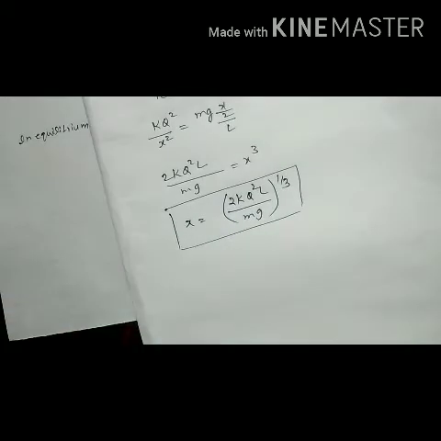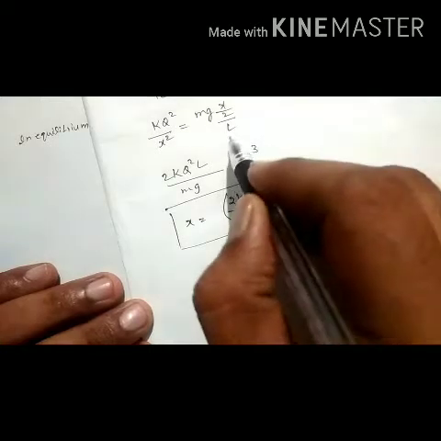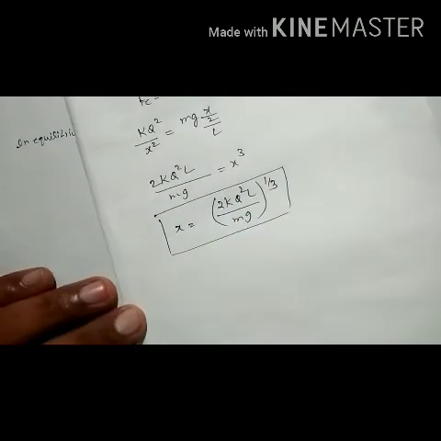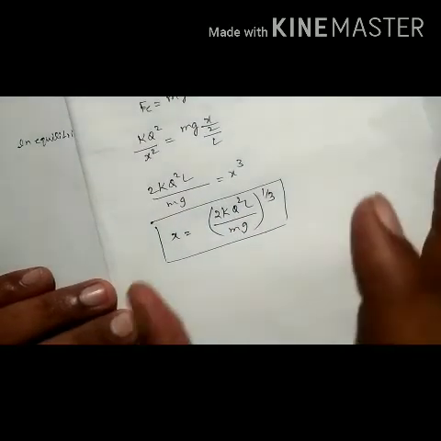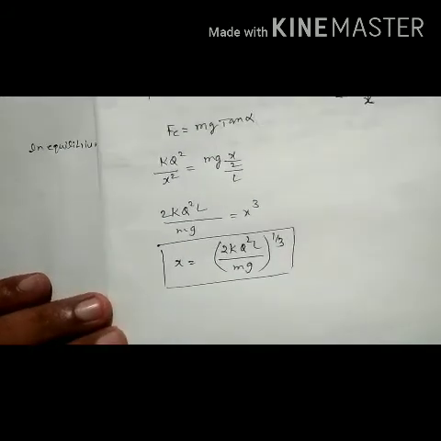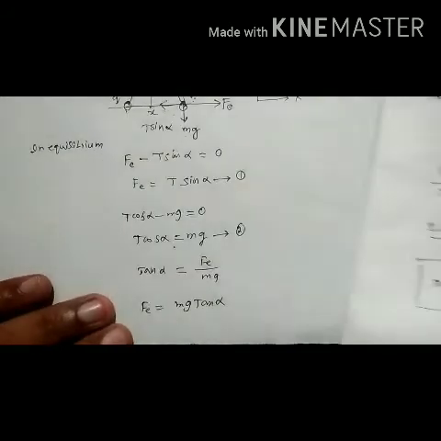So check this answer. Instead, you can also write root of L square minus x square, and you will get a somewhat different answer. So this is one idea. If any doubt, you can ask for clarification.